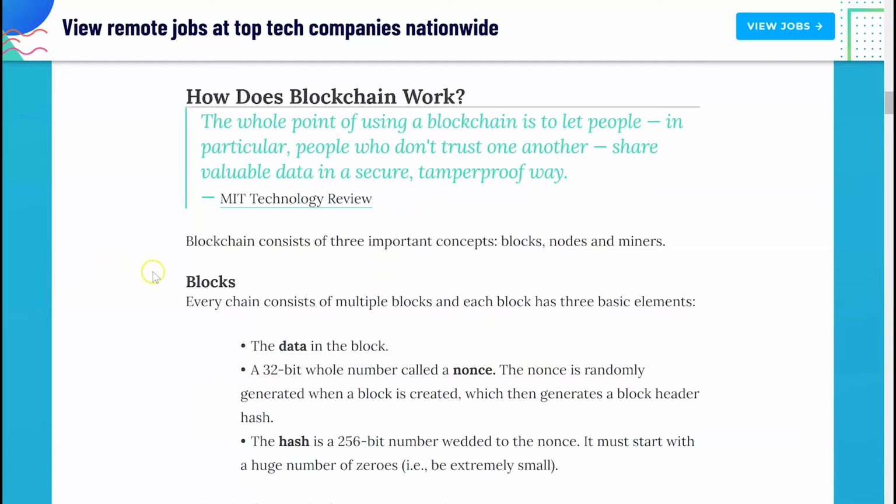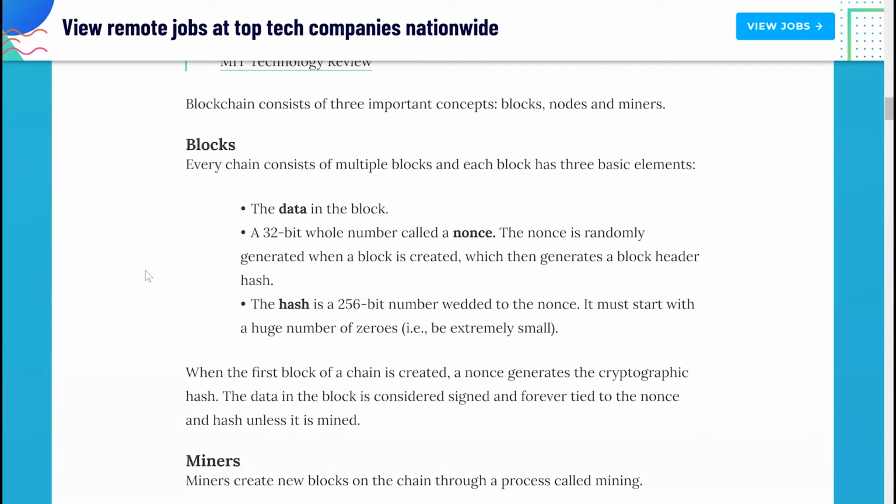Blockchain consists of three important concepts: blocks, nodes, and miners. Blocks. Every chain consists of multiple blocks, and each block has three basic elements: the data in the block, a 32-bit whole number called a nonce. The nonce is randomly generated when a block is created, which then generates a block header hash.